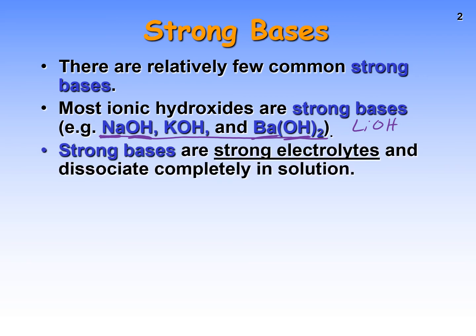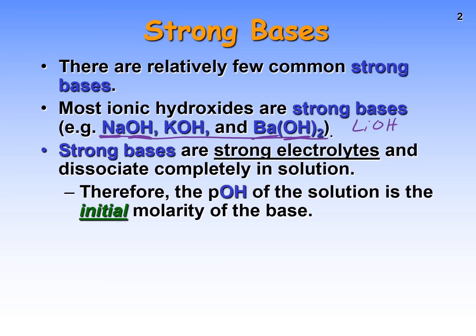Strong bases, just like strong acids, are strong electrolytes, meaning they dissociate completely in solution. For this reason, we can take the pOH and get the initial molarity of the solution of the base. Or we could go the other way, take the initial molarity to get the pOH of our original solution, because the concentration of the strong base is pretty much equal to the concentration of OH-. There is one exception of our strong bases to that, and that's barium hydroxide.